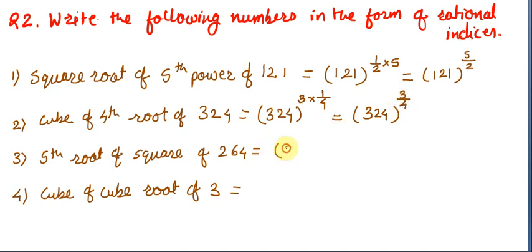Next we will write base 264. Fifth root means 1 upon 5 multiplied by square of 264. Square means 2. That is 264 raised to the power 2 upon 5.